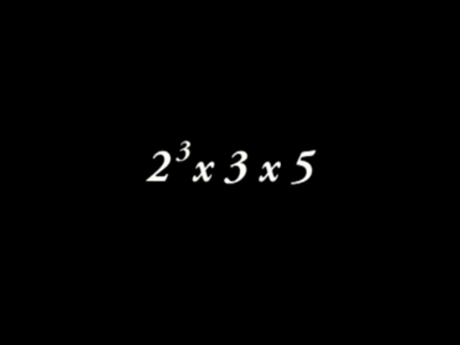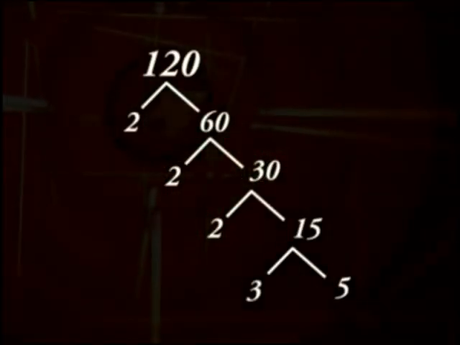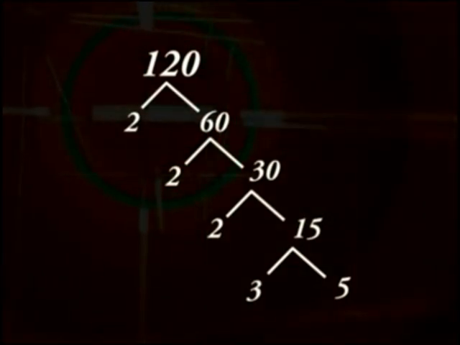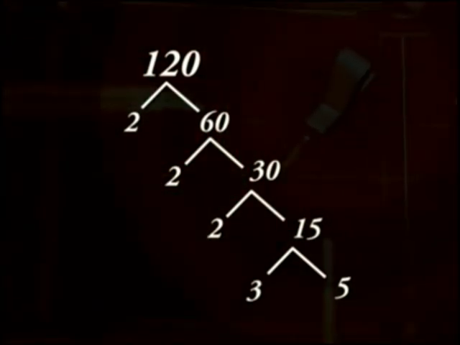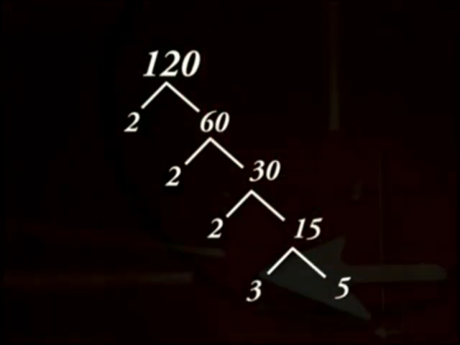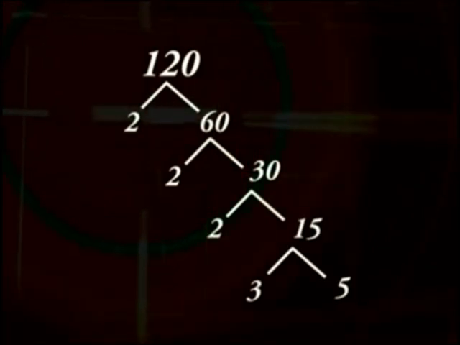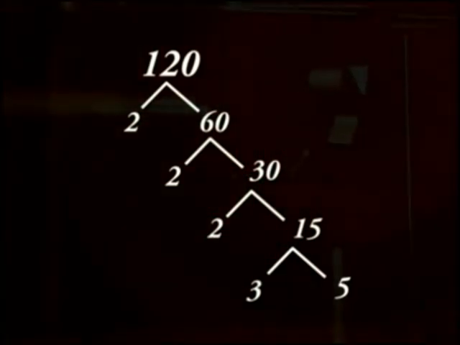An alternative method can be used, working in the form of a tree diagram. This is illustrated below. By looking at that tree diagram, you will see 120 dividing by 2 60 times, 60 dividing by 2 30 times, 30 dividing by 2 15 times, and then 15 dividing by 3 5 times.